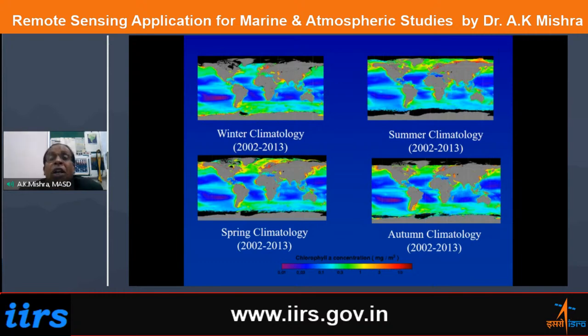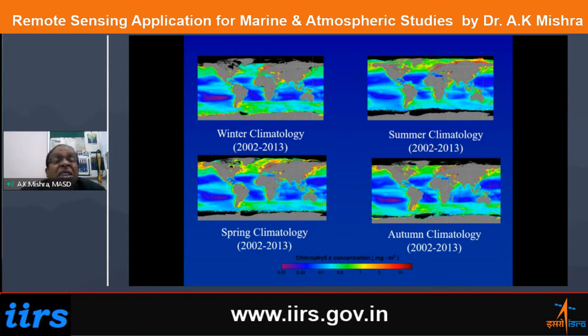Though sunlight is available for phytoplankton growth, you need two parameters. One is nutrient, another is sunlight. Sunlight is plentifully available in this tropical region, but nutrients are limited, because to get nutrients you should have upwelling in this area, or well-mixed water should be there, so that the subsurface nutrient-rich water comes to the surface.